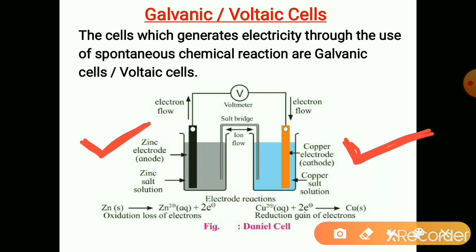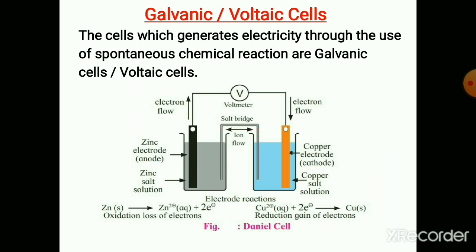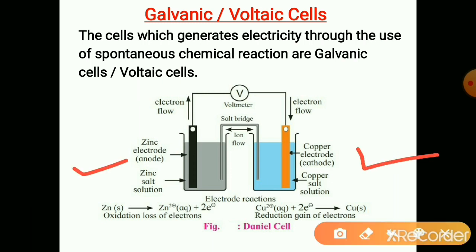This inverted U-shaped tube you can see in the diagram is the salt bridge, which gives the electrical contact between these two half cells. Each vessel is called a half cell.